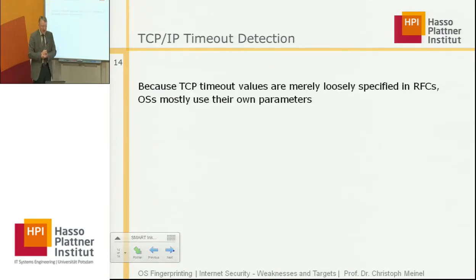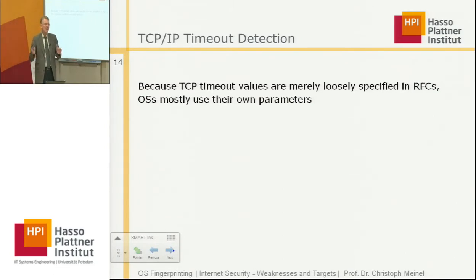I want to mention another method to find out the operating system that is run on the remote system. This is the TCP/IP timeout detection. You only try to make a connection to a system and then observe how the system is reacting. Typically, the TCP timeout values are relatively loosely specified in the Requests for Comments in the IP standards.